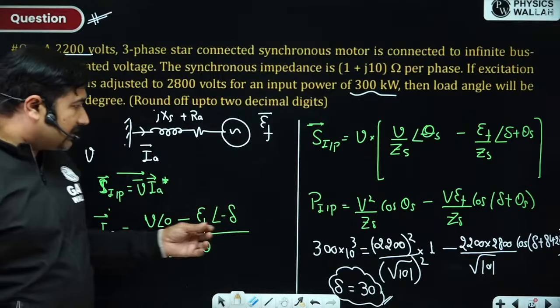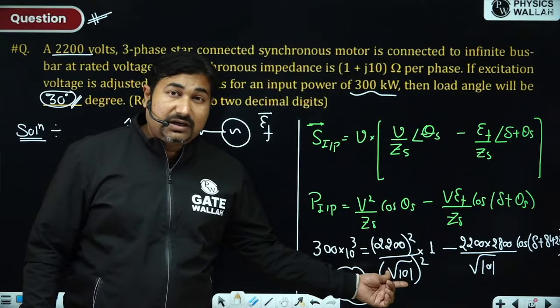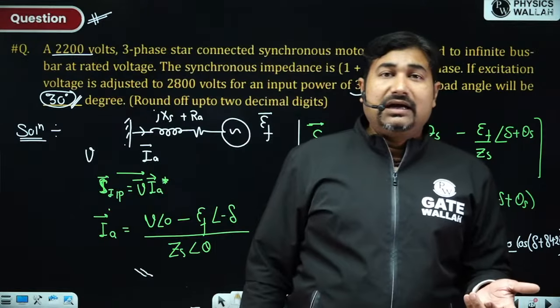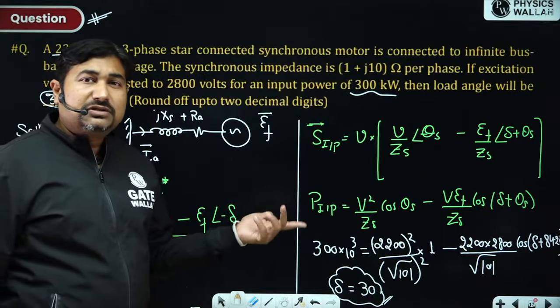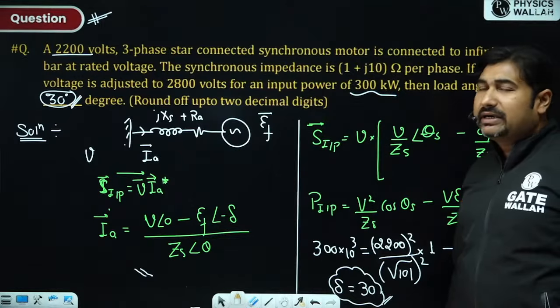Why? Because it depends. Someone may take it as 100 instead of taking 100 and root 1. Someone may take it as 1 plus j10, and it will be nearly 10.04 something. So if someone has calculated 10.04, it will still be treated in the correct range.